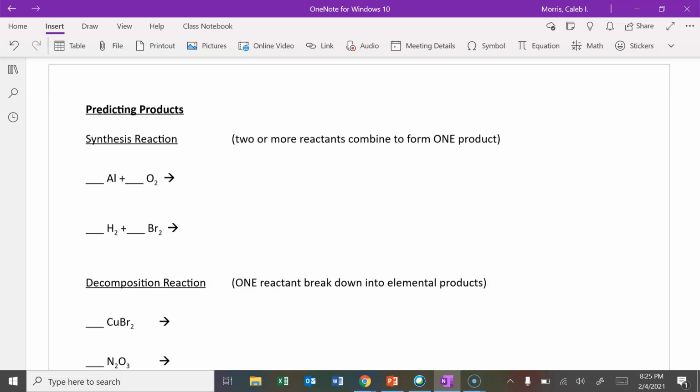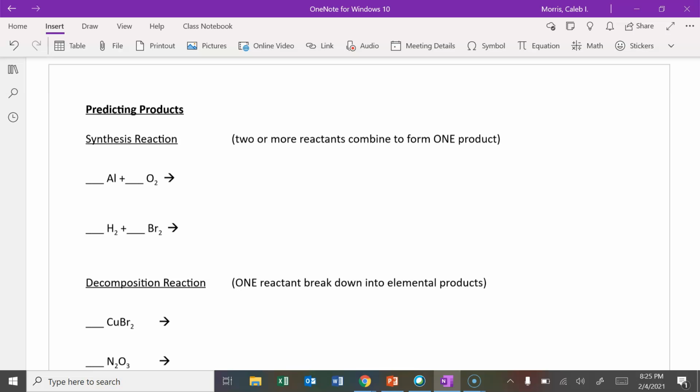The first thing that I want you to notice with a synthesis reaction, it's always going to be 2 or more elements combining to form a compound. So if we give you a problem and you're supposed to predict the products, and it's a synthesis reaction, it will not have a compound involved.